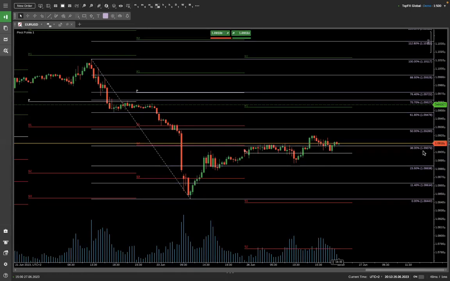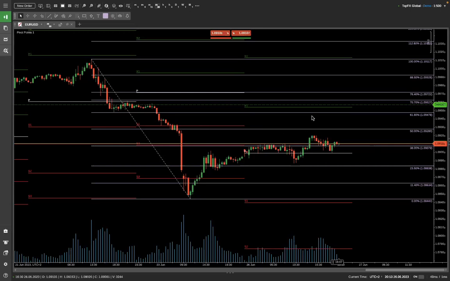This is around the level of 1.0997. Then of course there was a breakout towards 50% of the Fibonacci retracement. The Fibonacci indicator is useful because it can be drawn between any two significant highs and lows, or swings, price points, whatever you want to call it, and it will create levels that might correspond with the pivot points.